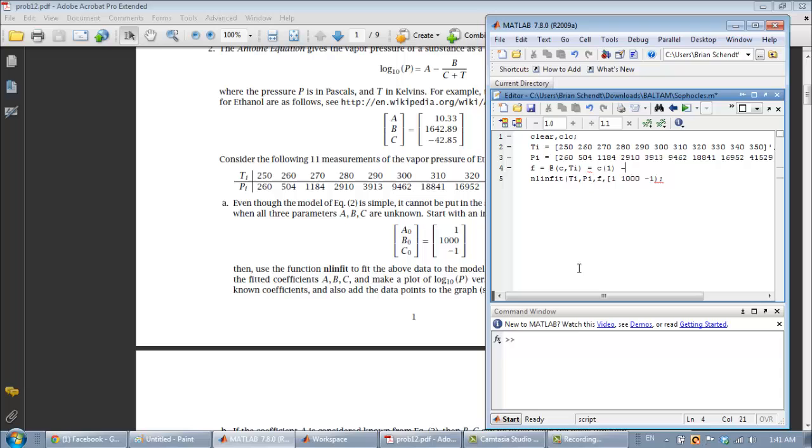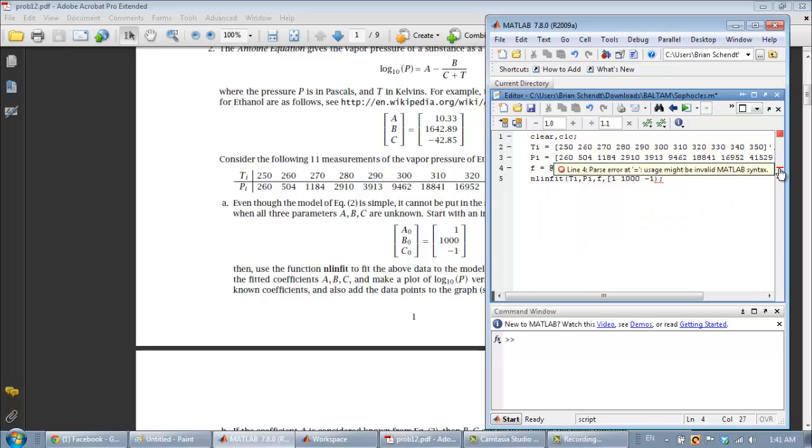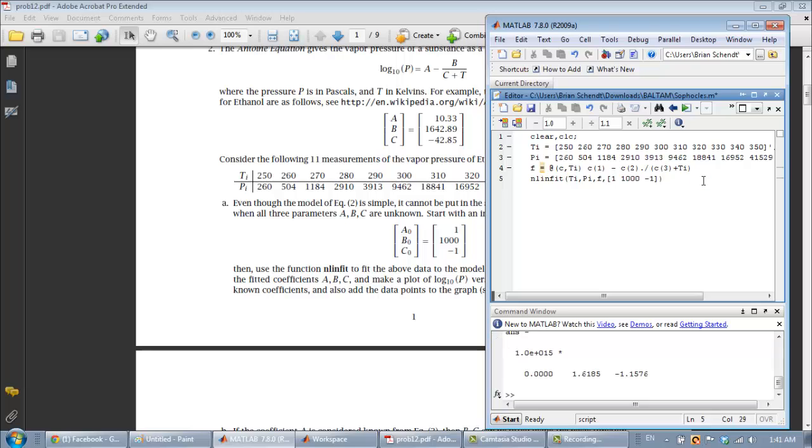C1 minus C2 over C3 plus TI. Probably dot goes there. Got some errors, cool. Okay, yeah, that shouldn't be there. And what else we got? That should be bracket, and what else we got? That should be parentheses. Okay.